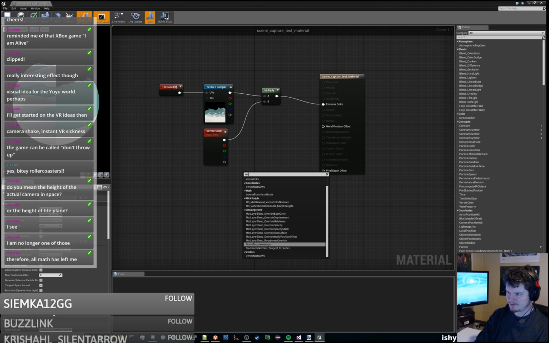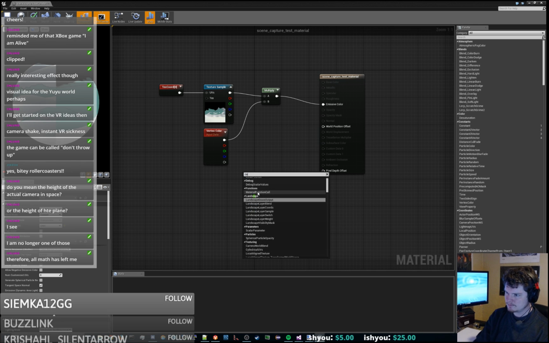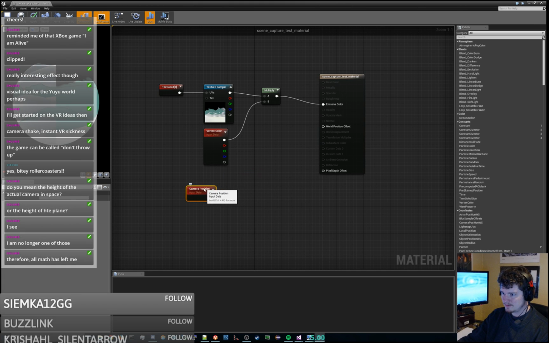Is there like vertex position? Is there like position? Camera position world space.